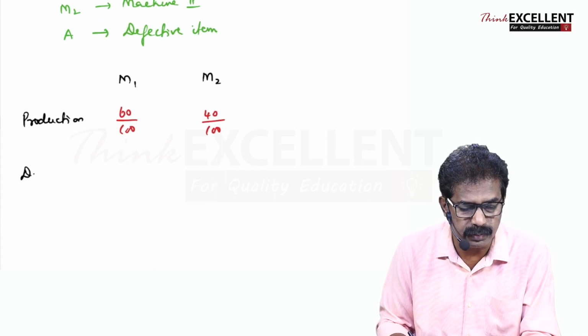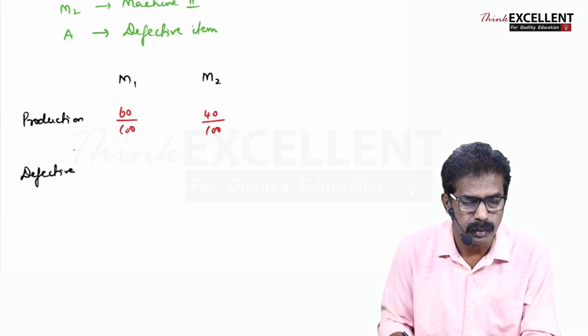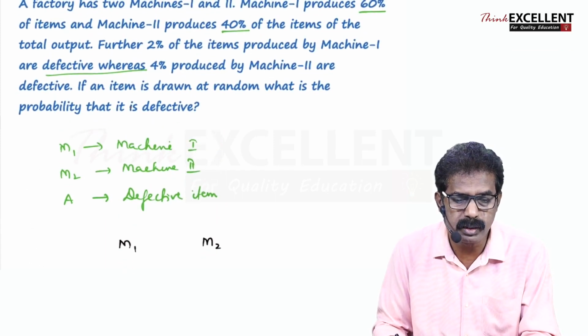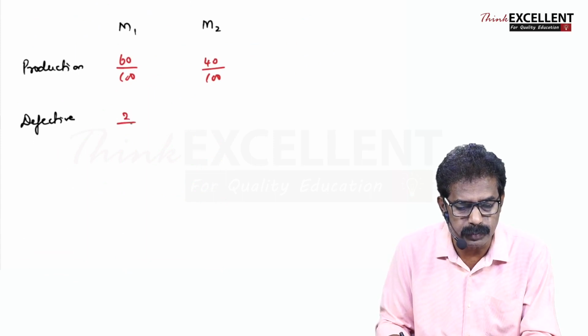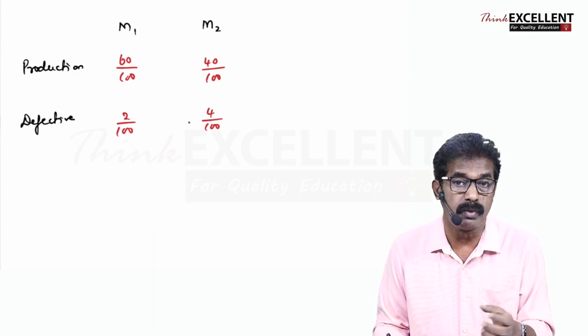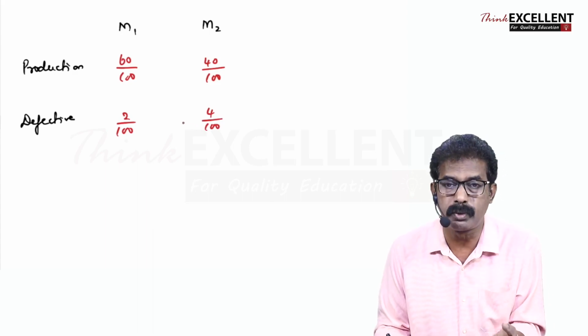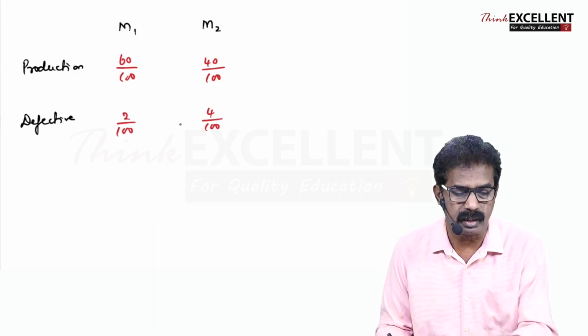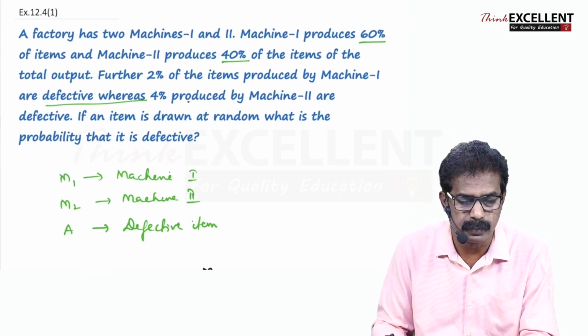This is another event, so let A be the defective item. So machine 1 produces 2% defective, so 2 by 100, and machine 2, 4%. See what they asked.